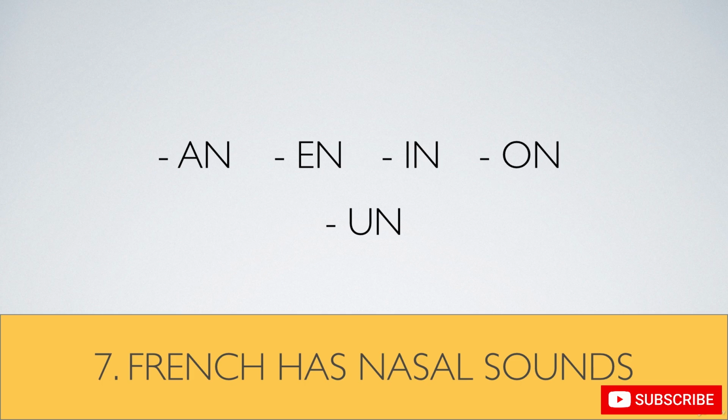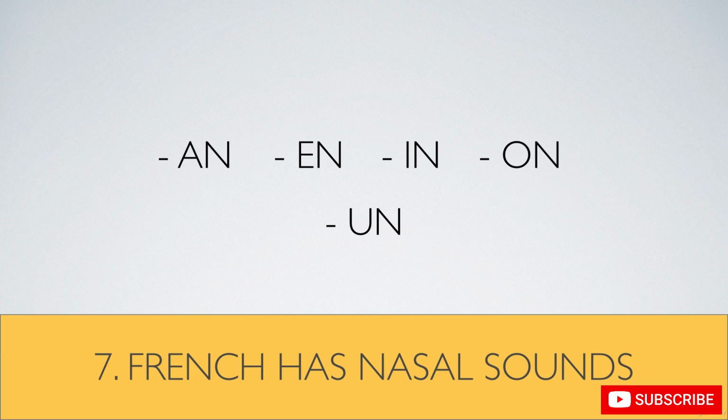So we have en, un, on, and un. I know they sound more or less the same, but they are actually different. As you go along, your ear will start to tune in to the differences in the sounds between them.